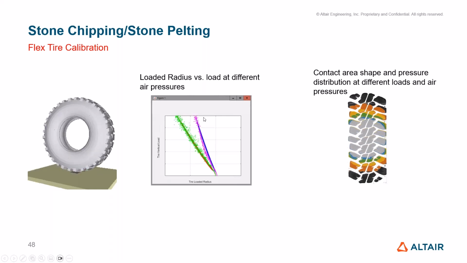This plot is used to calibrate, and you can also study the contact area shape and pressure distribution at different loads and air pressures. This is the calibration method, or the test, recommended for the FlexTire.